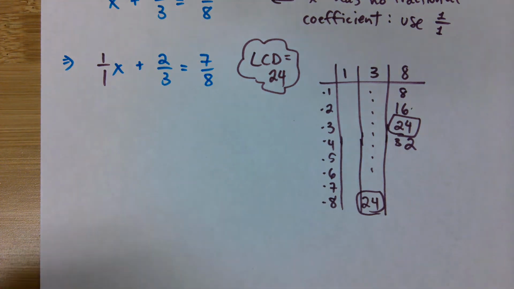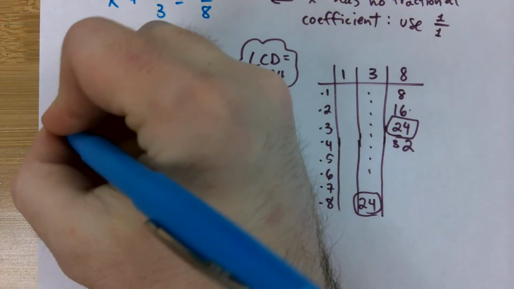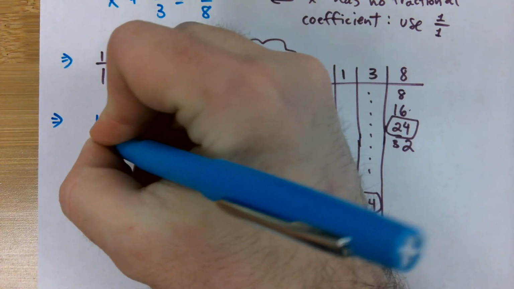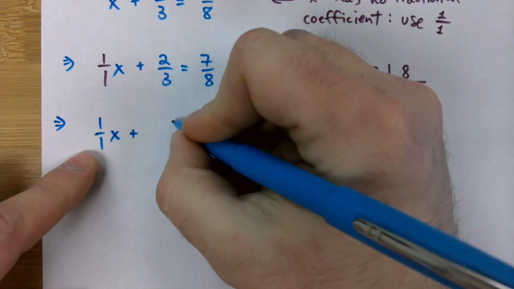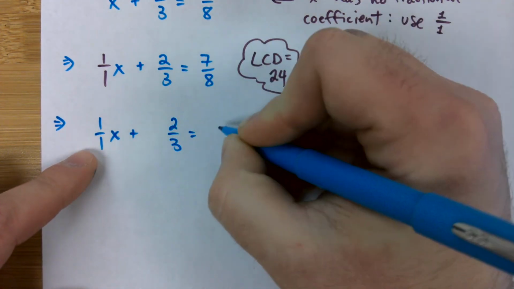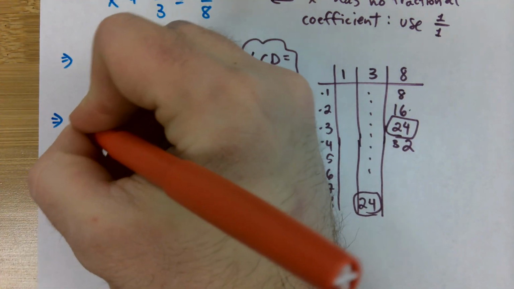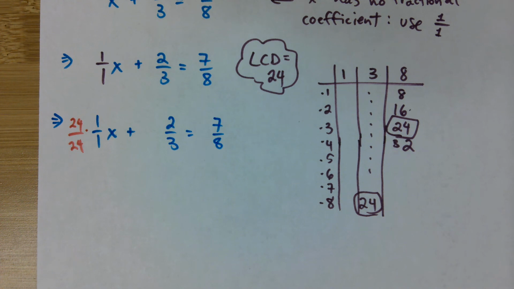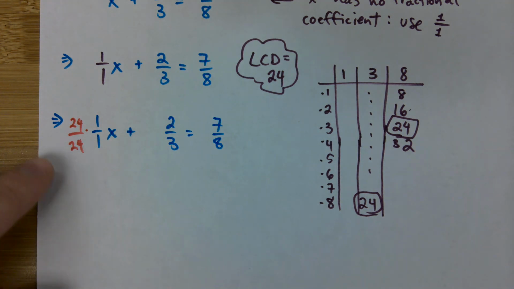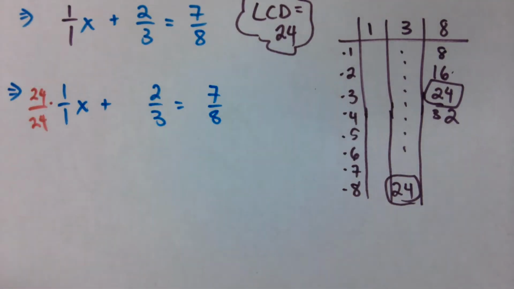That's good to know. What are we going to multiply each of these fractions by? Let's start with this first one, 1 over 1x. What are we going to multiply by 1 over 1 if we want a denominator of 24? 24 over 24. We always want to multiply by a whole fraction because then it's just multiplying it by 1. What are we going to multiply 2 over 3 by? 8 over 8.